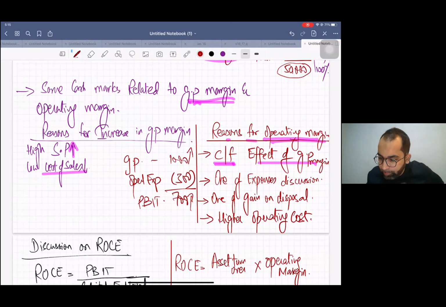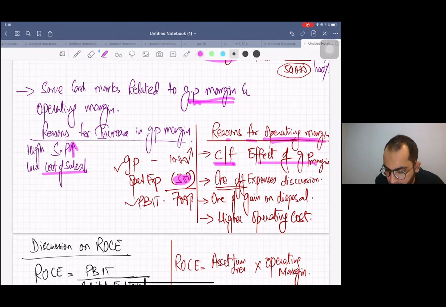Right? Then a few things you need to see. One of these is one-off expenses. Sometimes the difference between GP and PBIT is operating expenses.